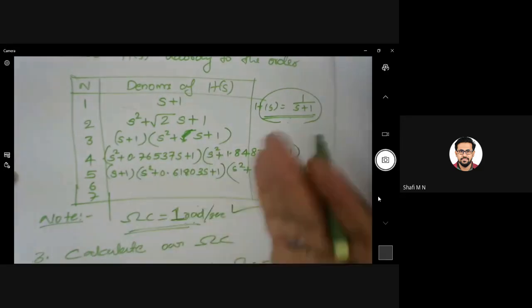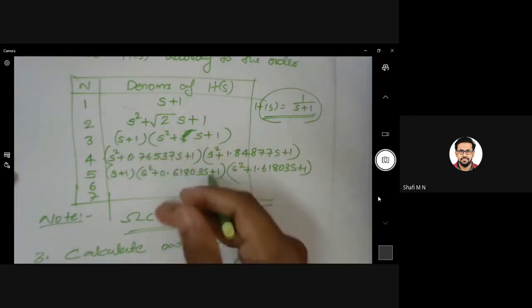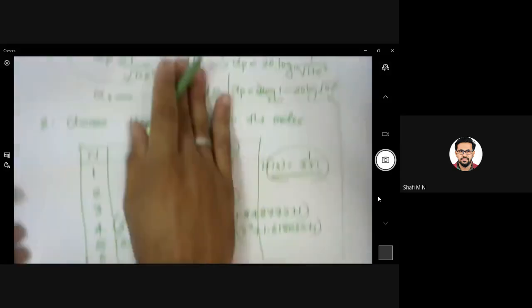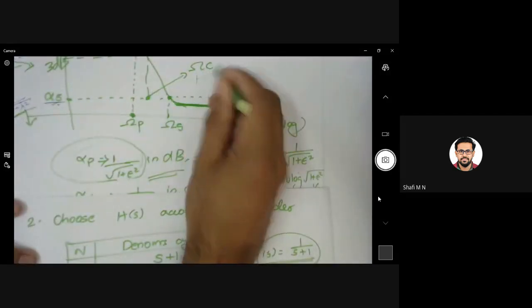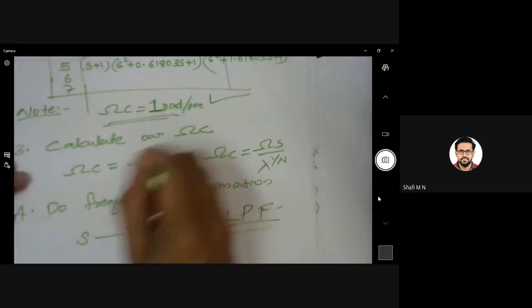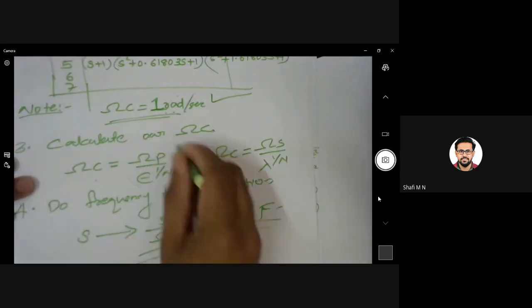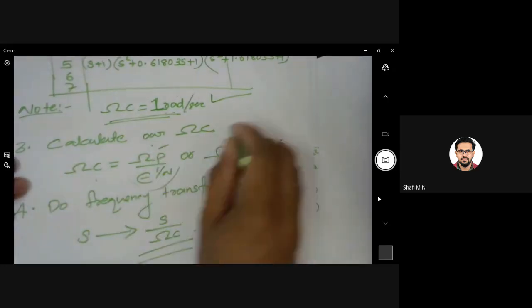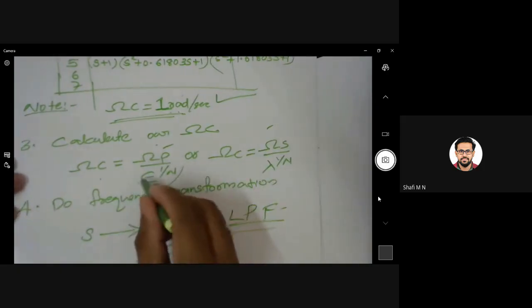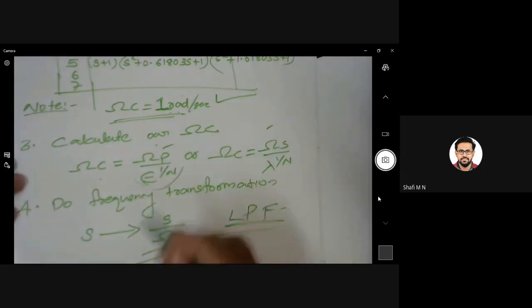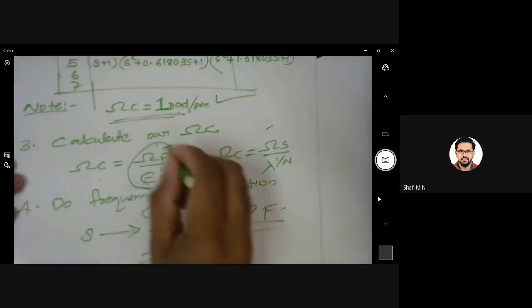Now you have to convert this design to your design. For your design you need some other cutoff frequency. So you have to calculate the cutoff frequency for your particular criteria. Given omega p, omega s, from alpha p and alpha s, you can calculate epsilon and lambda values. So you have to identify your cutoff frequency.